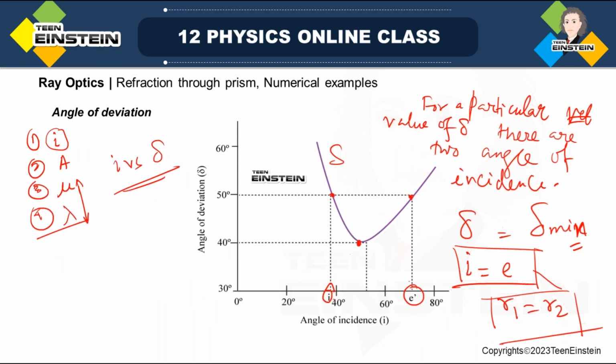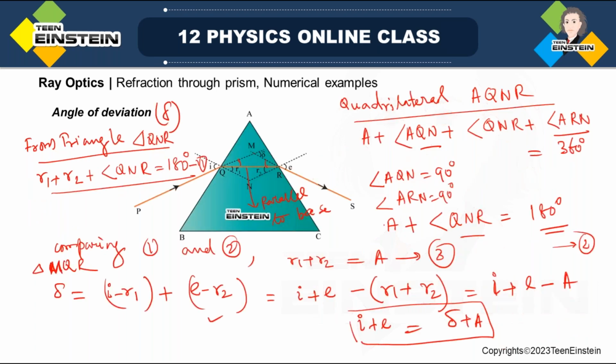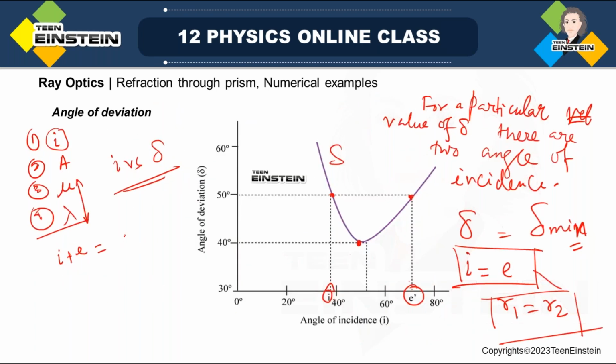You can see that i plus e is equal to delta plus A. We had a relation: i plus e is equal to delta plus A. So that means this is delta minimum plus A, angle of prism.